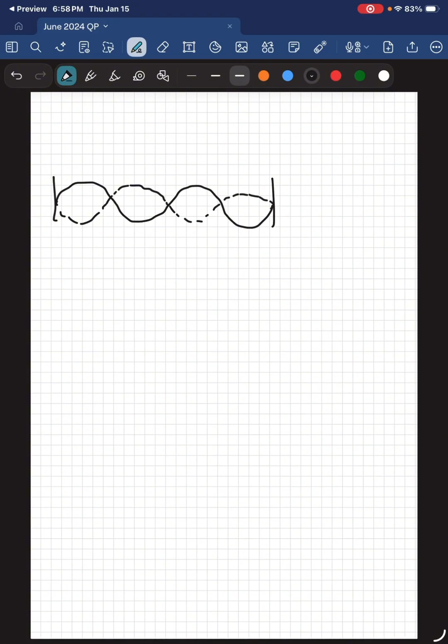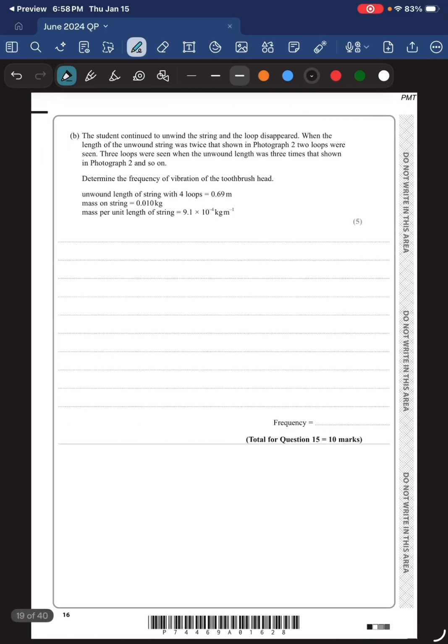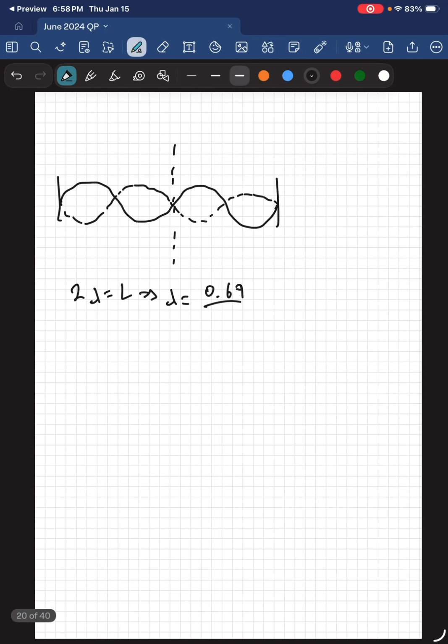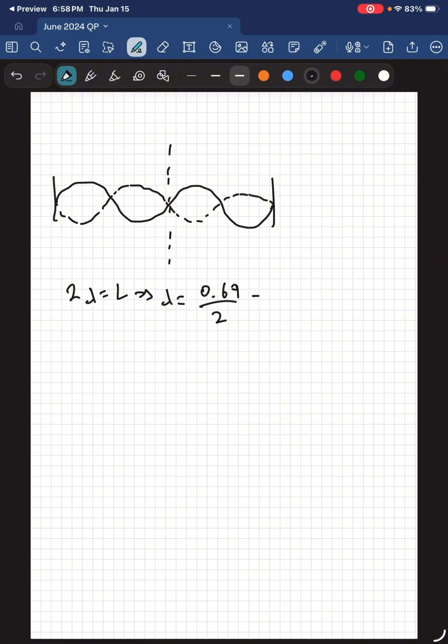Therefore, we immediately see that we have 2 wavelengths in the length of the string. Okay, so 2 lambda is equal to the length of the string. So the wavelength is 0.69, because they give us that, right? Over 2, or 0.345 meters. Perfect.